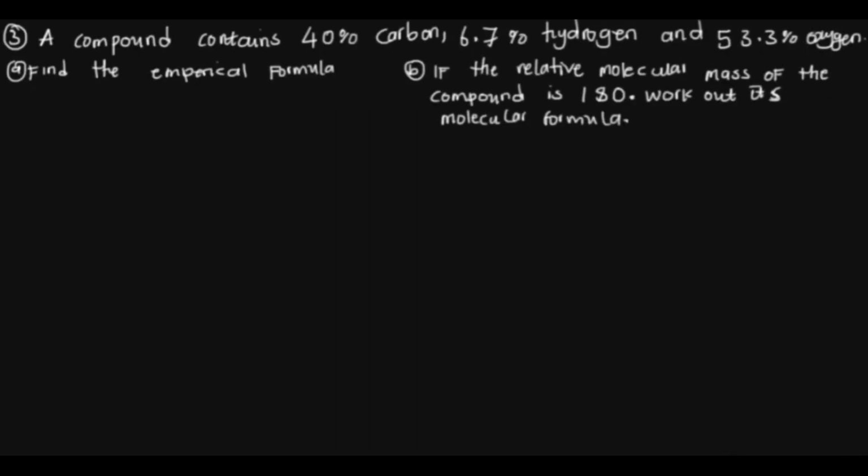Okay, now let's do the last question. A compound contains 40% carbon, 6.7% hydrogen, and 53.3% oxygen. Find the empirical formula. That is our first part. We have been given percentages, so let's check our percent. We have 40 plus 6.7 plus 53.3.